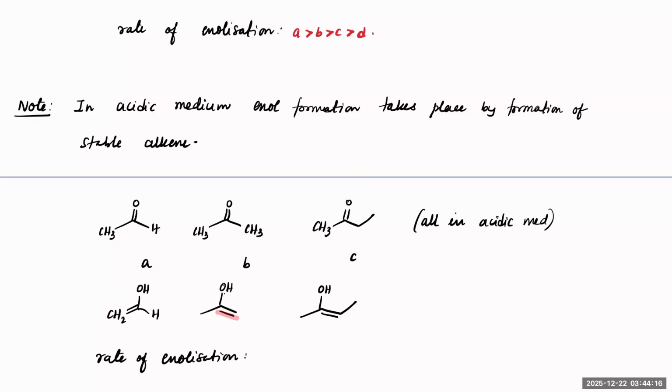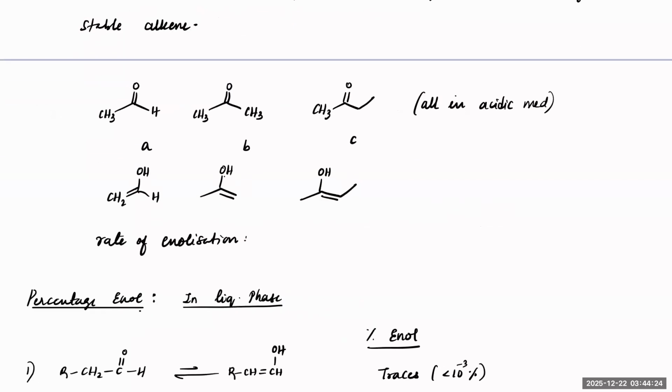If you have a double bond here, we have alpha hydrogens. And if you have a double bond here, we can have more enolization occur. So therefore we can say C, then B, then A. That will be the rate of enol form. Okay.